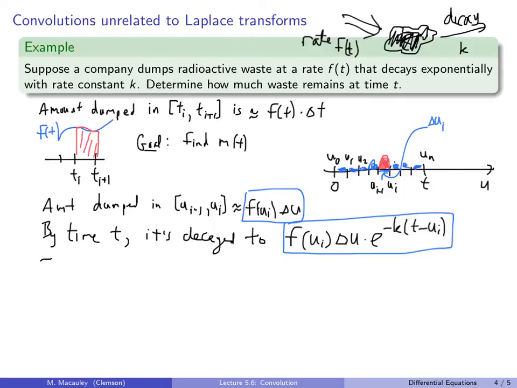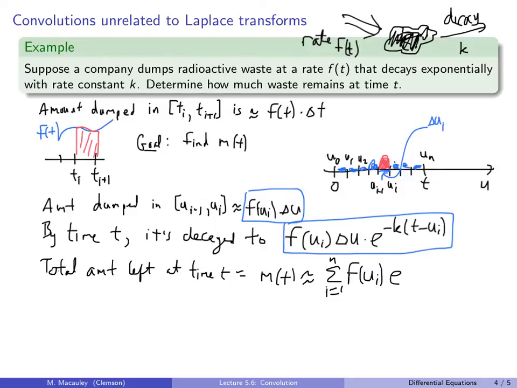So the total amount left at time t, I think we called it m of t, is approximately equal to the sum from i equals 1 to n of f of u_i times e to the minus k times (t minus u_i) times delta u.